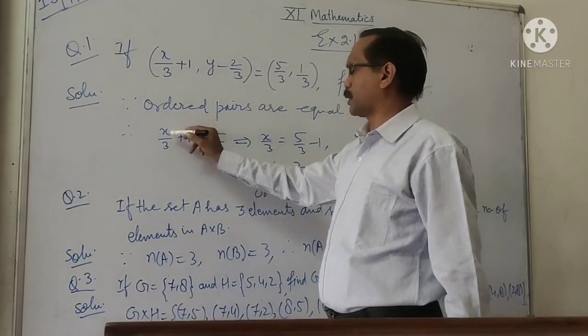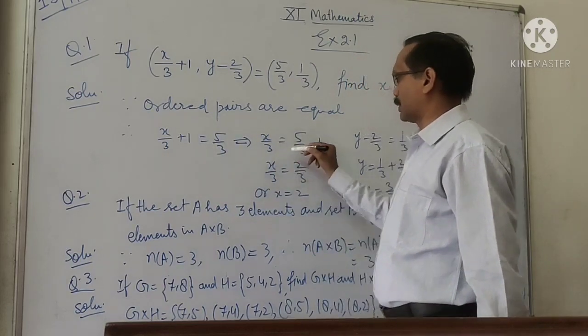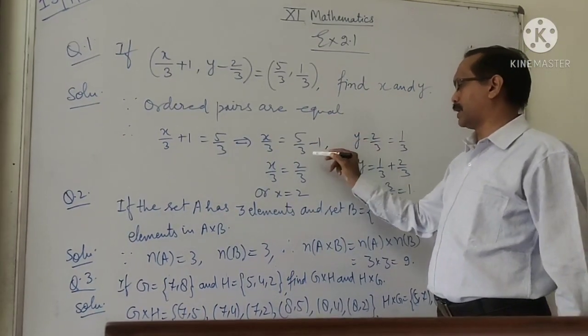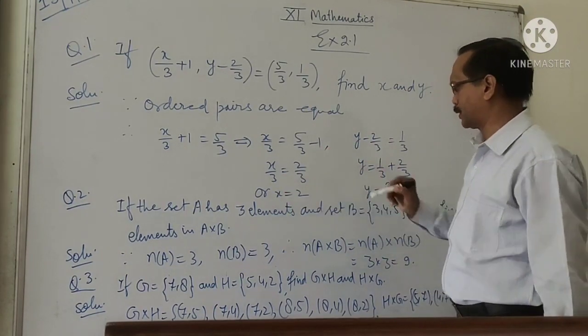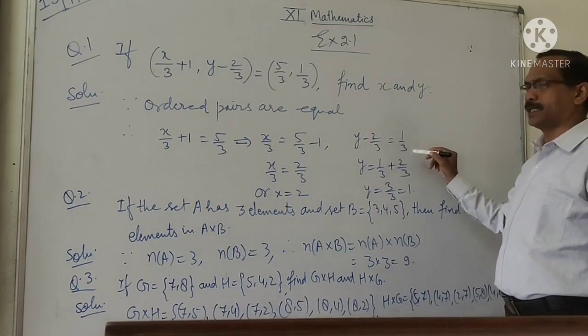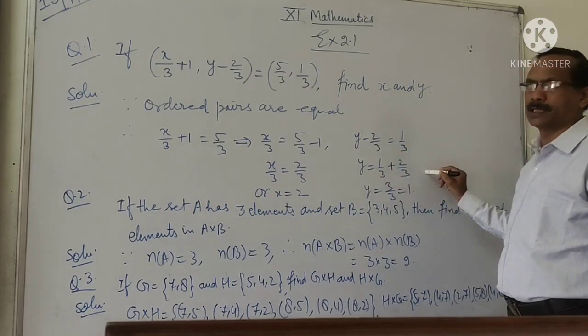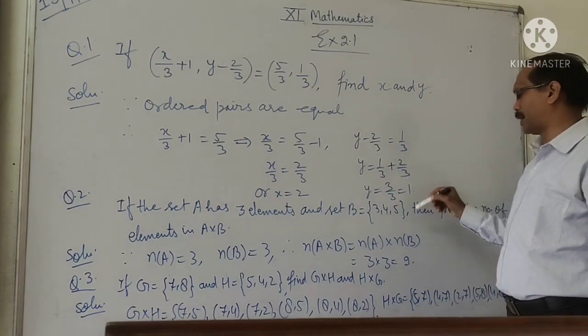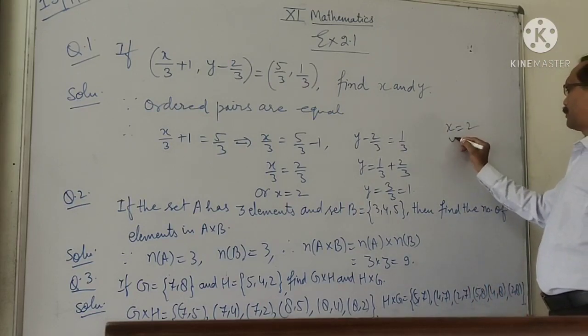Therefore, x/3 + 1 equals 5/3. So x/3 equals 5/3 minus 1, which is 2/3. 3 cancels, the value of x is 2. Same as y - 2/3 equals 1/3. Shift this term to this side, so y equals 1/3 + 2/3, which is 3/3, y equals 1. So x equals 2 and y equals 1.